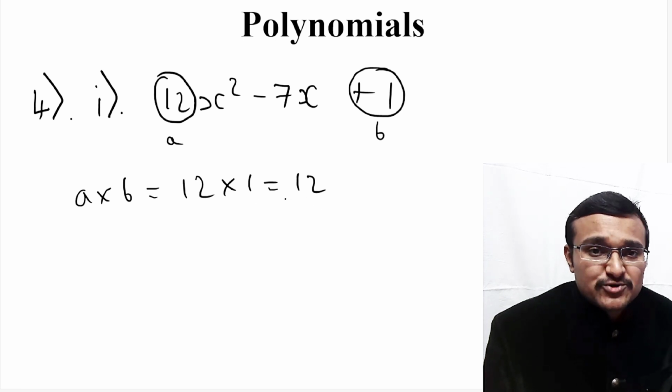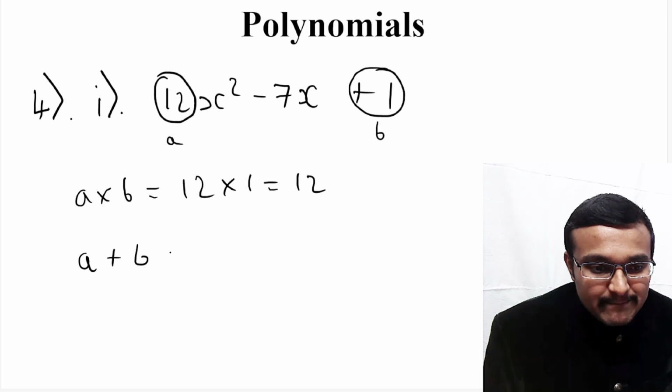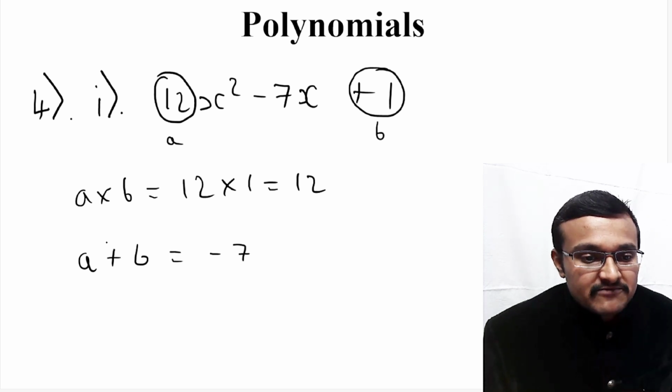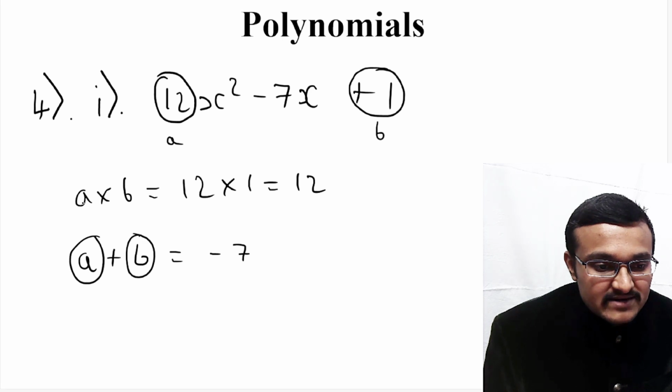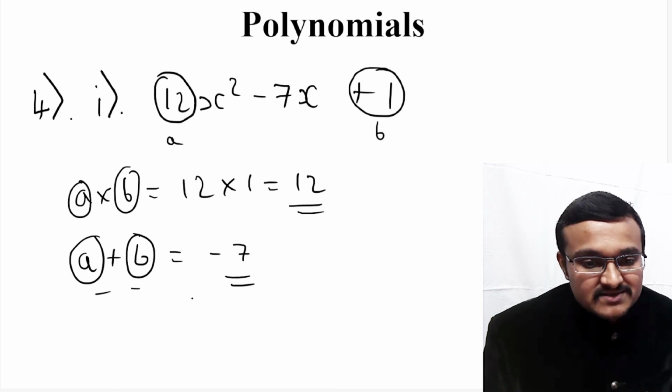So now you have a into b. Now you should see that if you do a plus b, that should be equal to minus 7 as well. So you have to find a and b in such a way that a into b should be equal to 12 and a plus b should be equal to minus 7.